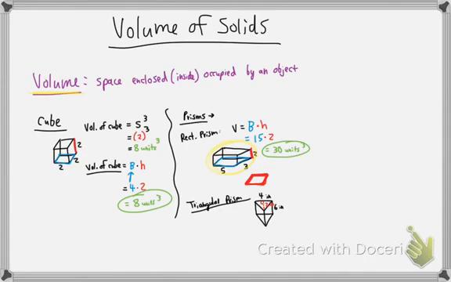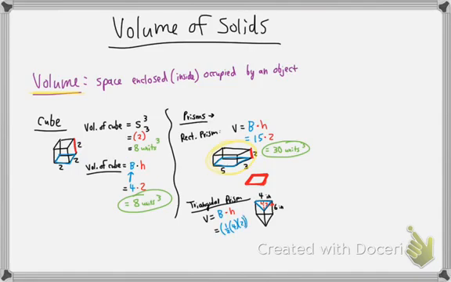So again, the volume is simply going to be the base times the height. So what's our base? Our base is the blue triangles. We want to stack a bunch of triangles on top of each other, okay? So how do you find the area of a triangle? You need to take half of that base times the height. So you need to take half of 4 times 2.